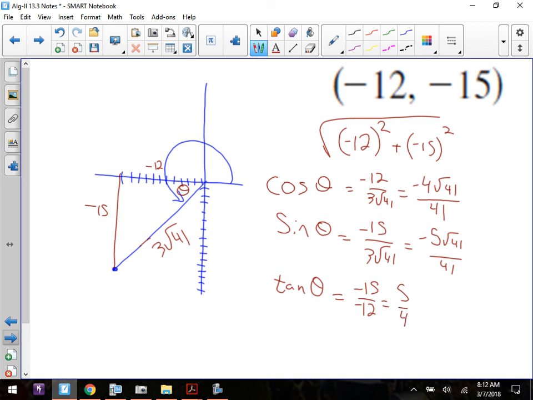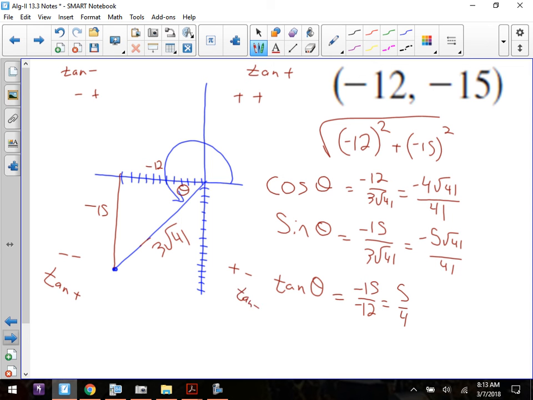Now here's the thing. Remember how it went positive, positive, negative, positive, negative, negative, positive, negative? That was for cosines and sines. Where's tangent positive? 1, 3, and where's tangent negative? 2 and 4. So tangent is positive, positive, negative, and negative.